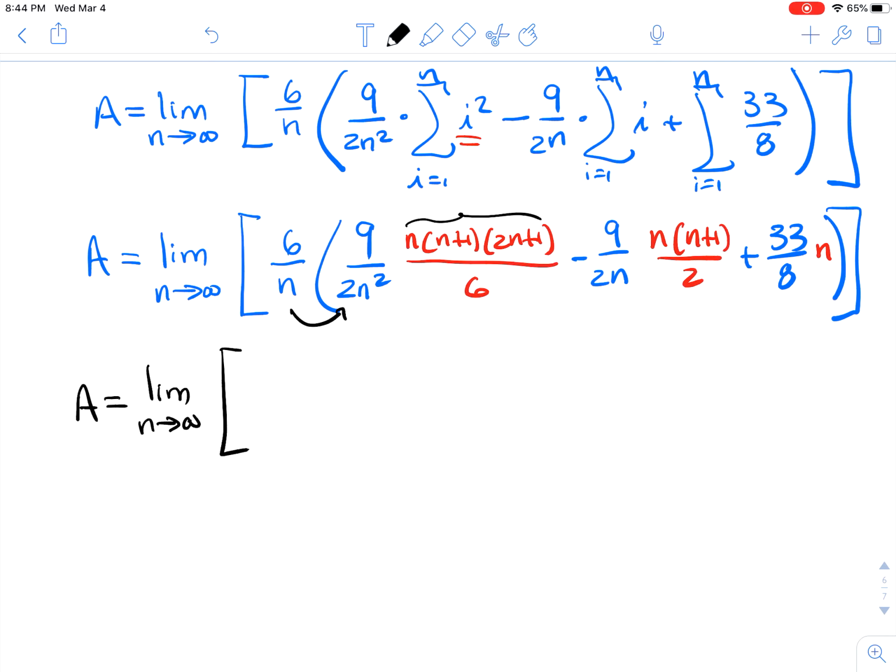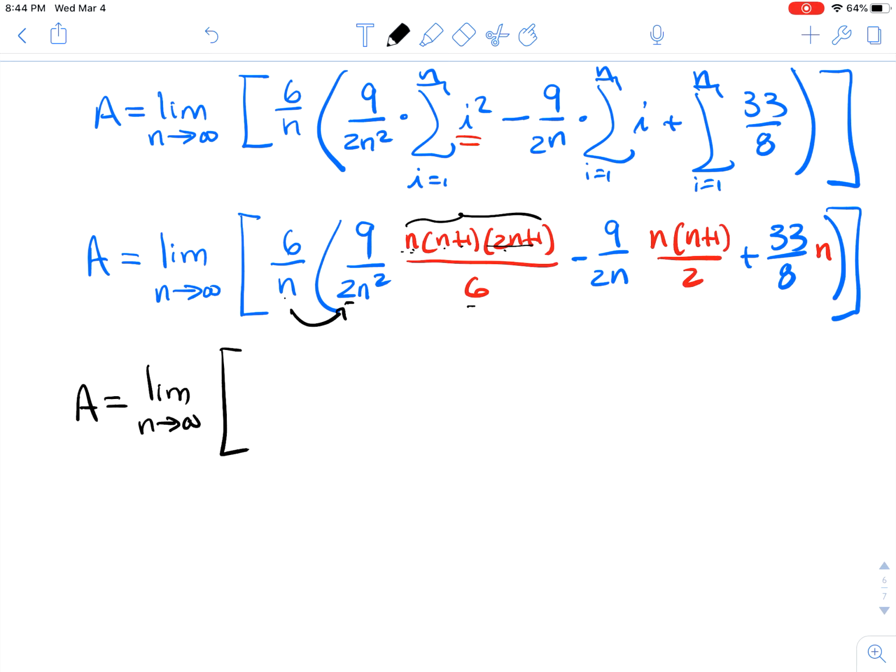So the highest exponent term with its lead coefficient from the numerator is going to be 2n times n times n, so that's 2n cubed. 2n cubed times 9 is 18n cubed times the 6. And in the denominator, we'll have n times n squared, so that's n cubed times the 2 and the 6, and that would give us 12n cubed in the denominator.